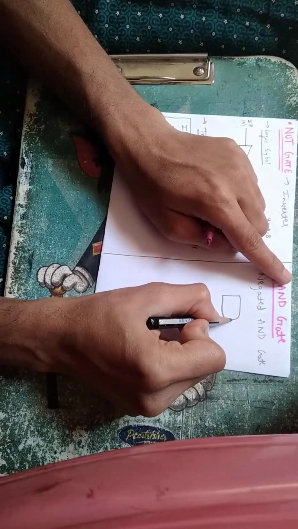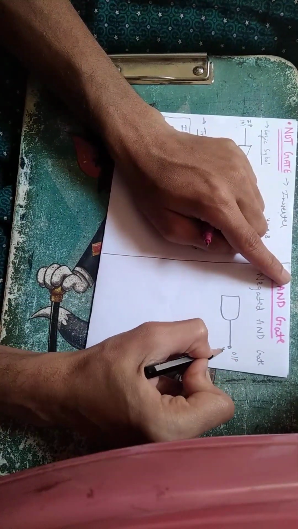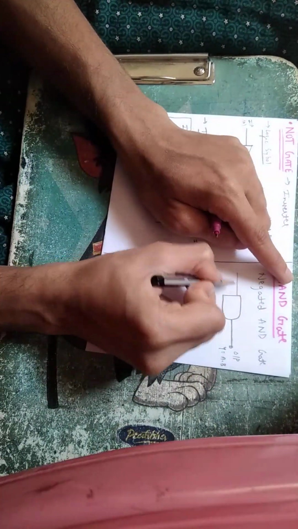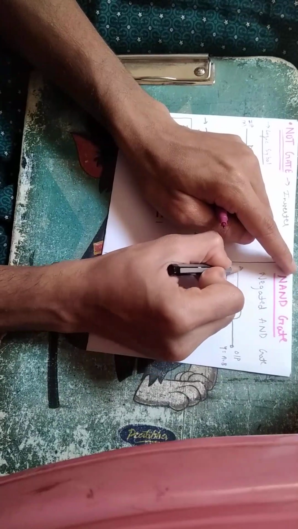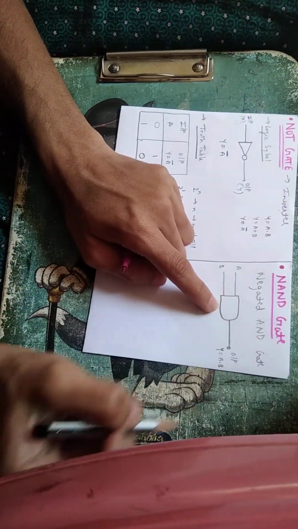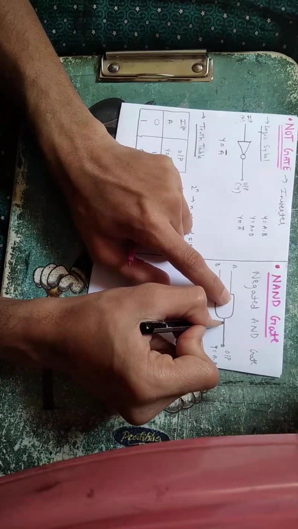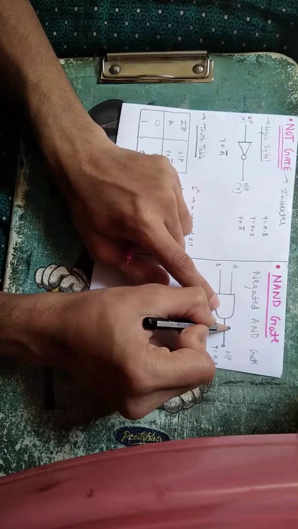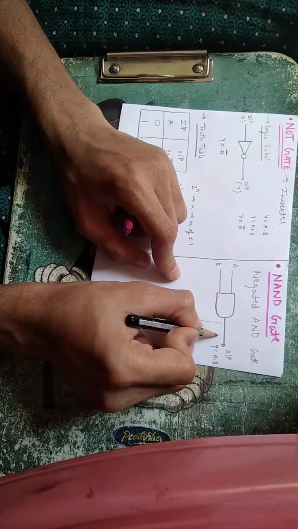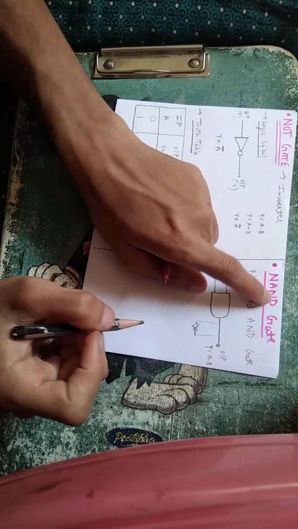How many outputs? Only one output, every logic gate has. So it was A into B, right? This was the AND gate. But in the NAND gate, what happens is it is negated. That is, when you add a NOT gate in front, in this region, it becomes a NAND gate.